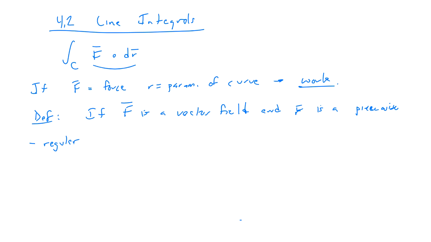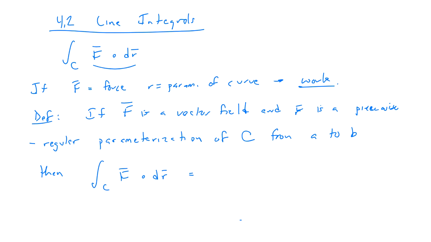So if F is a vector field and r, that's supposed to be r, is a piecewise regular parameterization of a curve C, I have two parentheses there, the line integral is more specifically this thing.